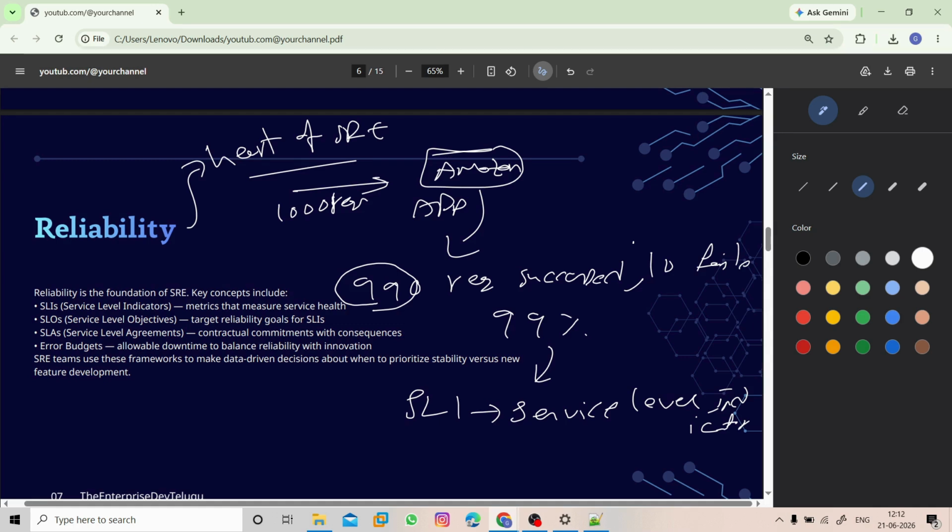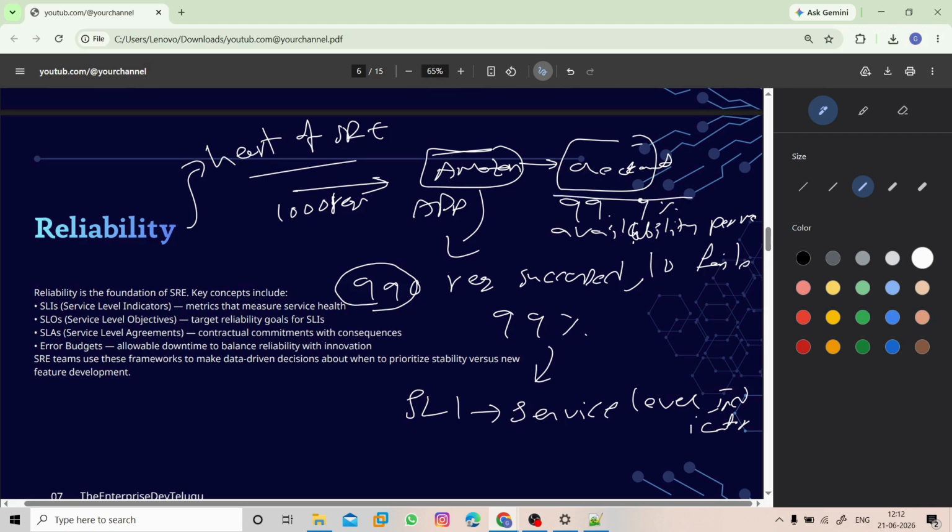Suppose your company decides that the checkout service, so in Amazon we have a checkout service, right, should maintain 99.9% availability per month.